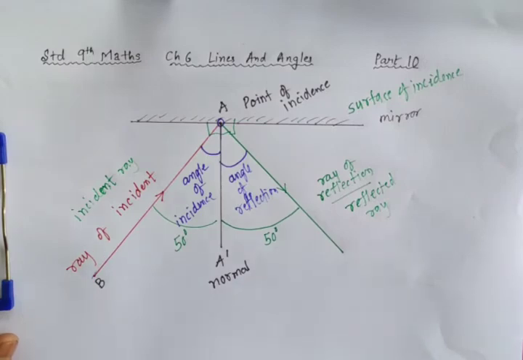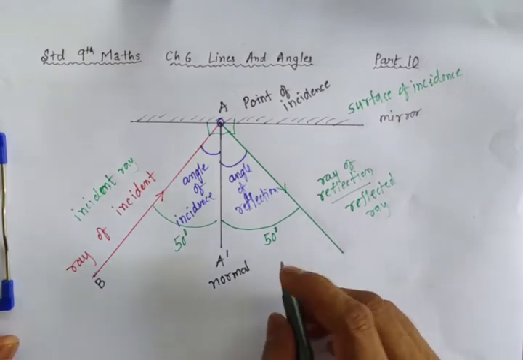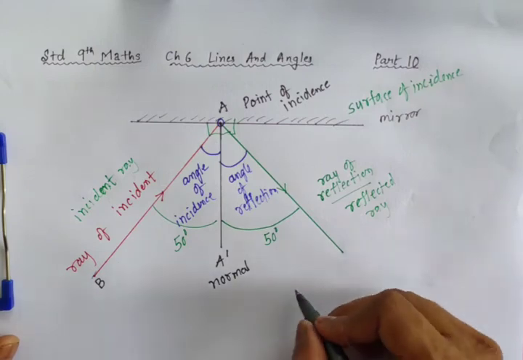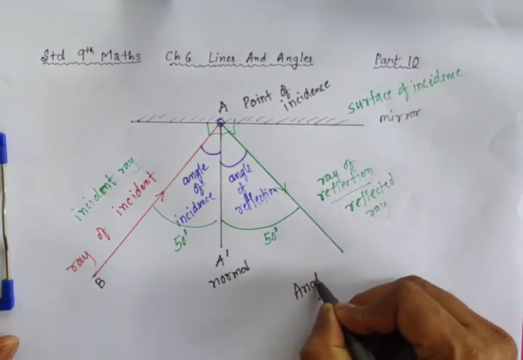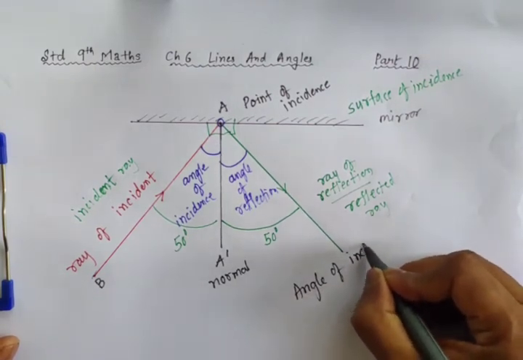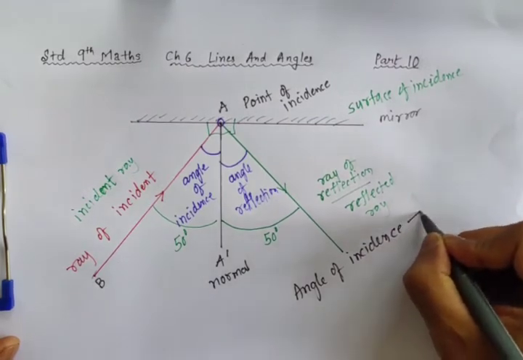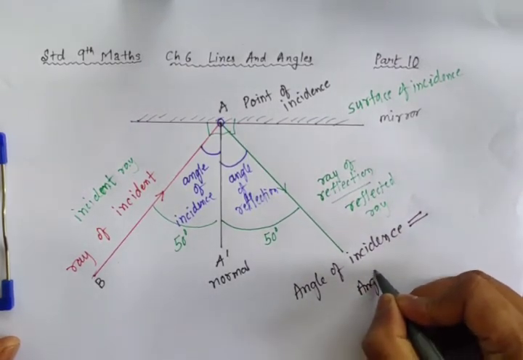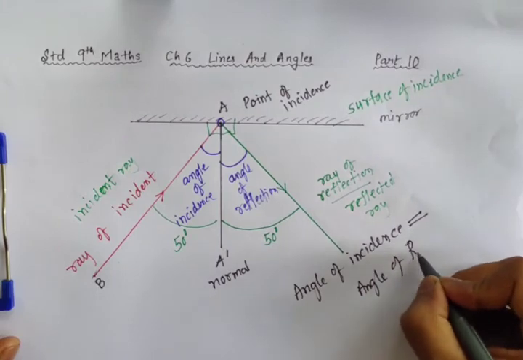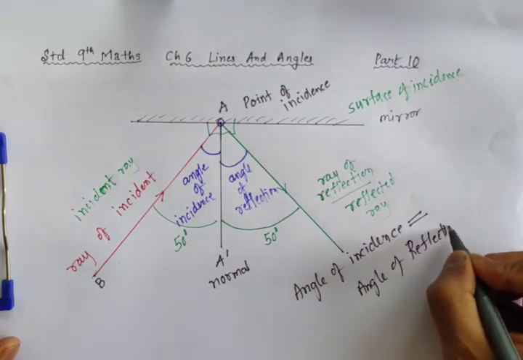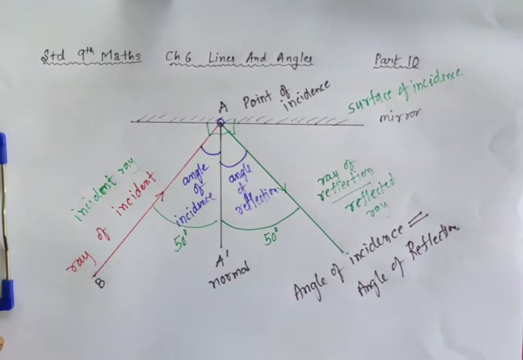So here what you need to learn is the second law of reflection of light: the angle of incidence is always equal to the angle of reflection. Is that clear to you, children? Now this law is very important when we solve example number 6 of exercise 6.2. Please try to understand, okay?